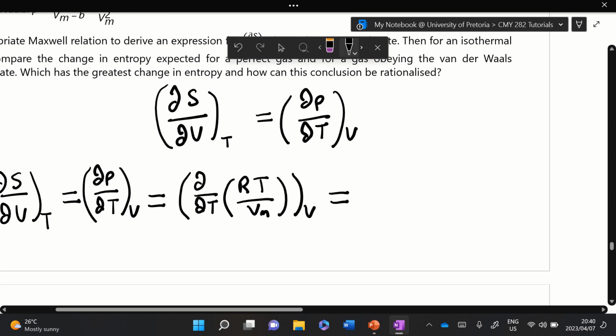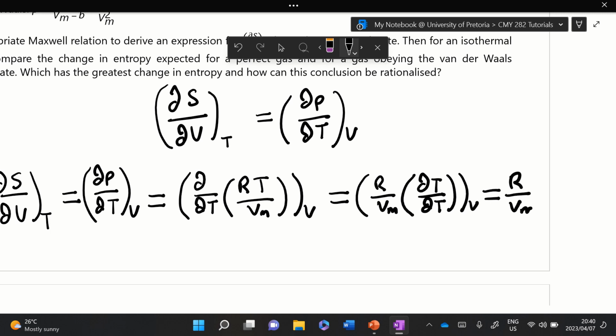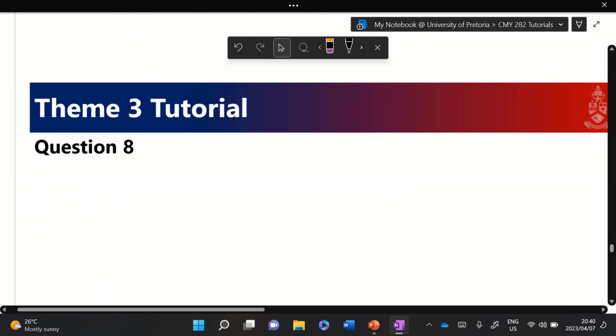I'll write this out slowly: R over Vm times ∂T/∂T. You see that just becomes 1. So we're left with R over Vm. Okay, so that's for the perfect gas.